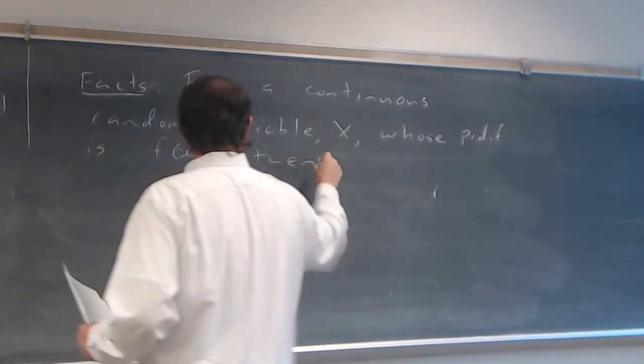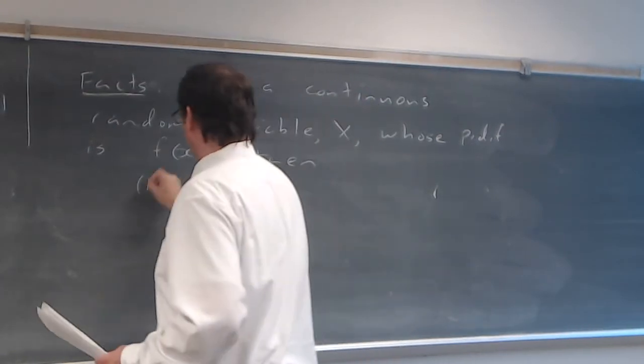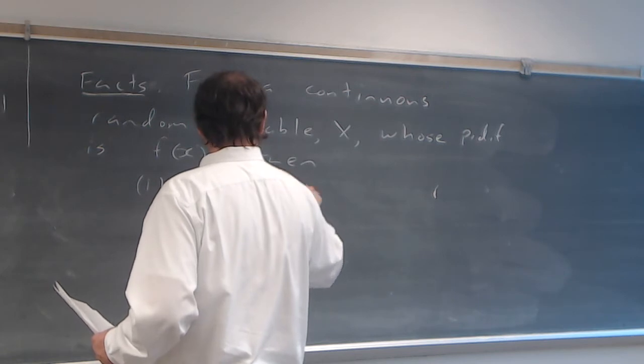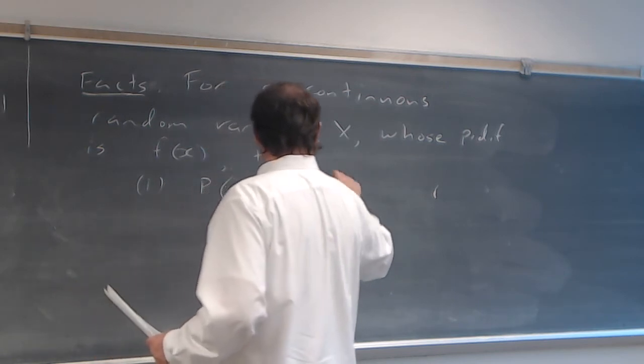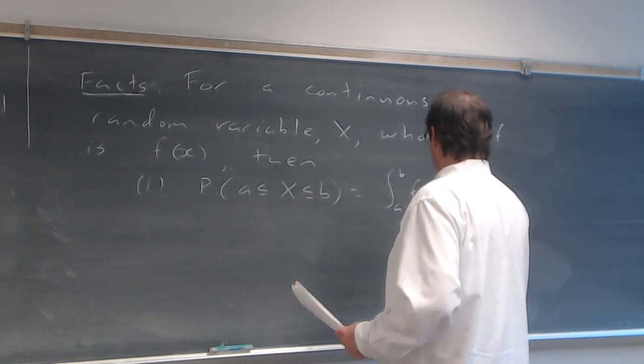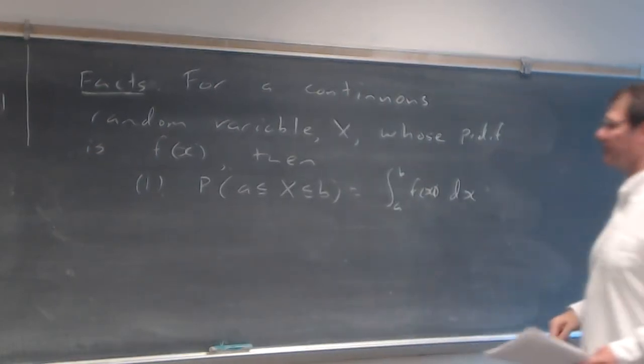The first fact is that the probability that a is less than or equal to x is less than or equal to b is equal to the integral from a to b of f of x dx. And that's straight from the definition.